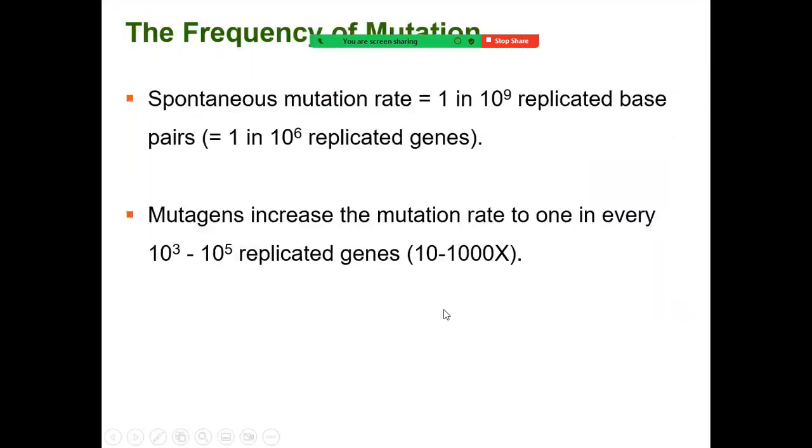All right, here I've got the spontaneous mutation rate. I've already told you. Spontaneous mutation happens for every base out of 10 to the 9th replicated bases. Now, as 1,000 bases is about the average gene, that means that the mutation rate per gene is about 1 gene will be mutated in 10 to the 6 replicated genes.